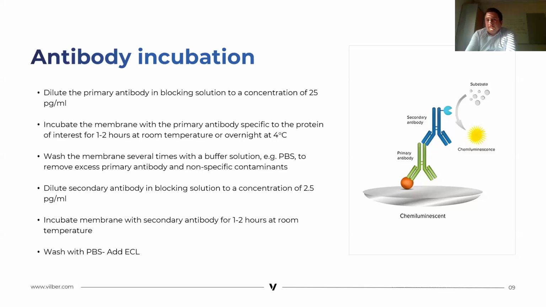At this moment, the secondary antibody will bind the primary antibody and allow you to detect your protein of interest. If you want my opinion, it's better to incubate the primary antibody overnight at 4 degrees Celsius. It will be better for you.